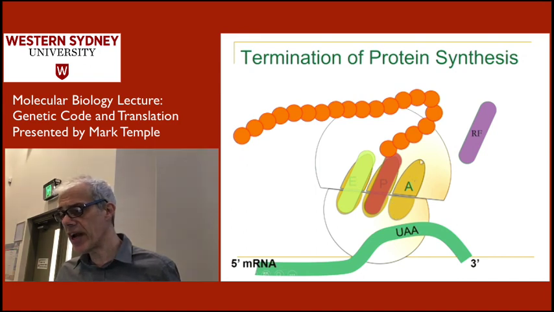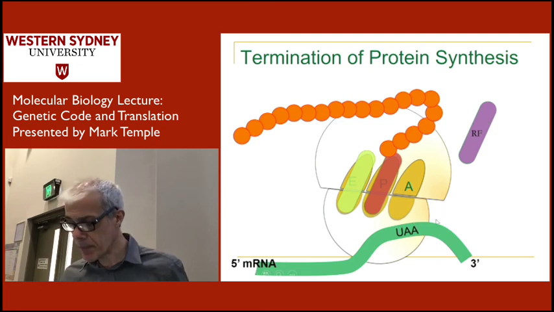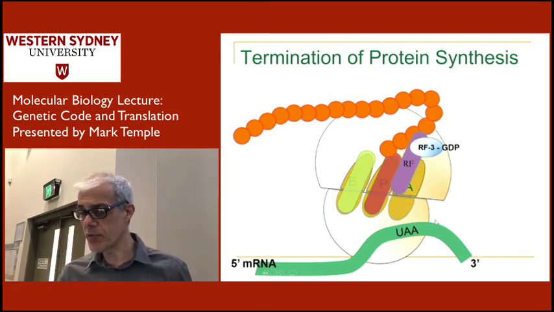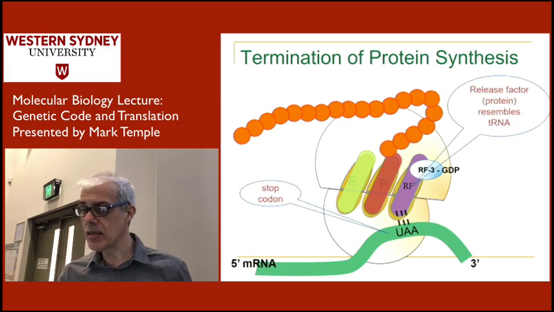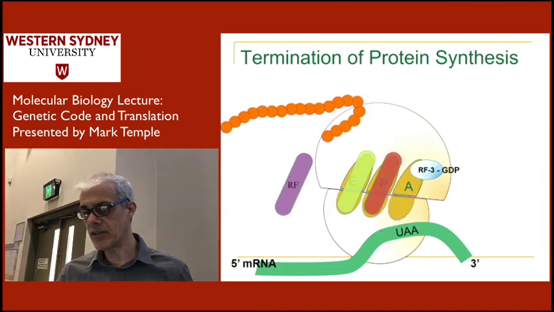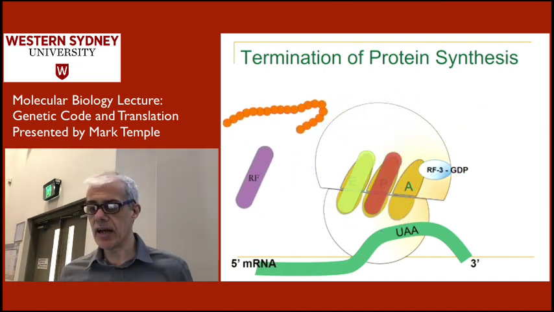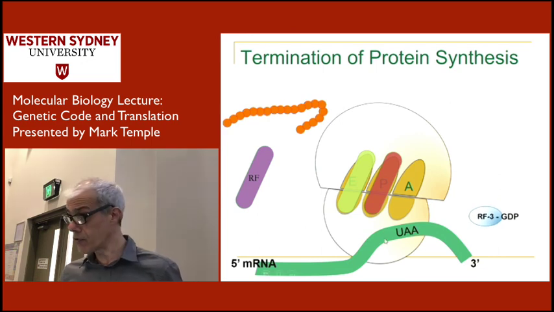There's no transfer RNA that can base pair with UAA, but there's a release factor which can recognize UAA. So this protein comes in here, and effectively it resembles a transfer RNA, and it just adds a water on the end and causes termination of translation.